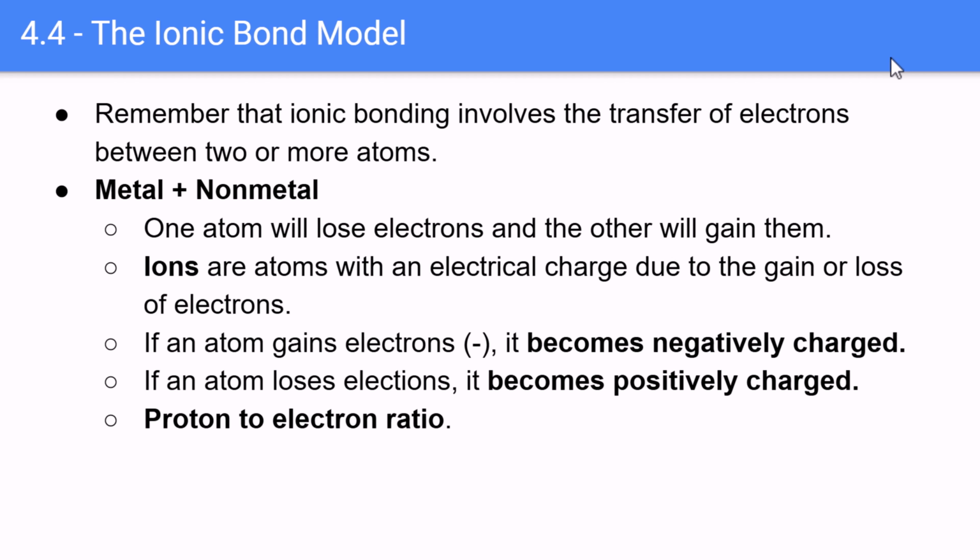So we need to take into consideration that proton to electron ratio, right? We can't change the number of protons. Remember, if we change the number of protons, we change the element that's on the periodic table. But we need to think about the relative number of electrons when compared to that of the number of protons. If something gains a negative charge, remember atoms are naturally neutral. So if something gains a negative charge, it will naturally have more negative charge than positive and therefore carry a negative charge.